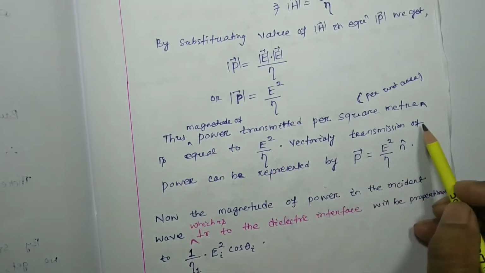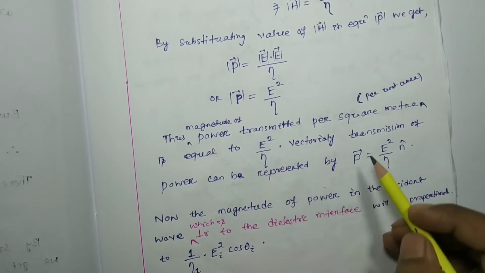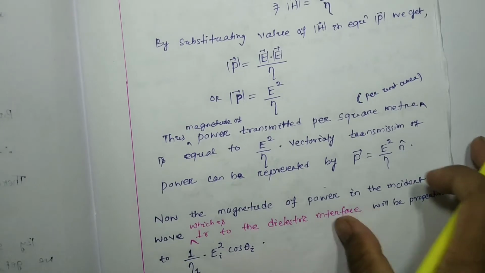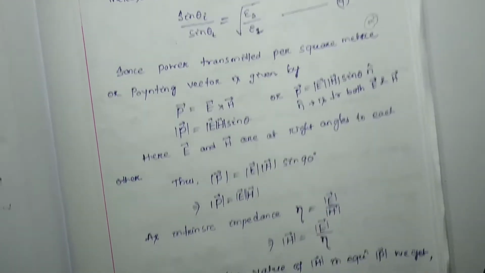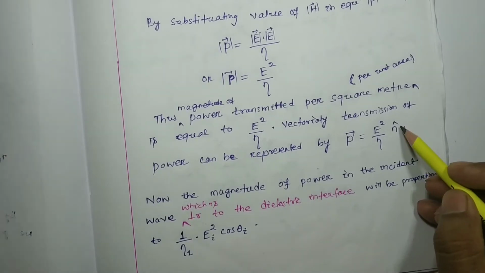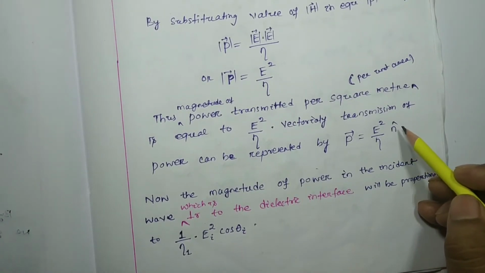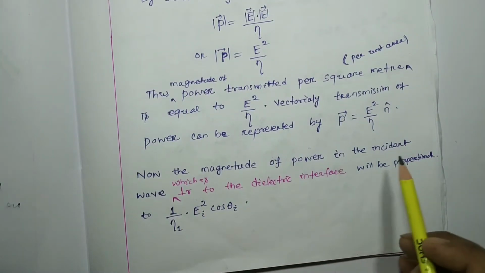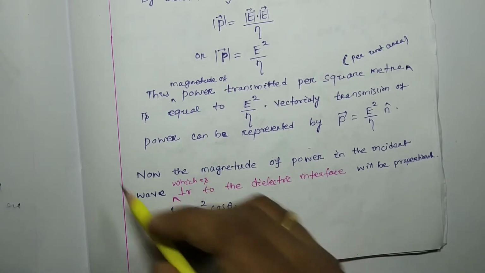Vectorially, if this is your magnitude, then the transmission of power can be represented as E square by eta into n cap, as we have already written. Here n cap is the direction perpendicular to both E and H. Now the magnitude of the power in the incident wave, this line is most important in this topic.